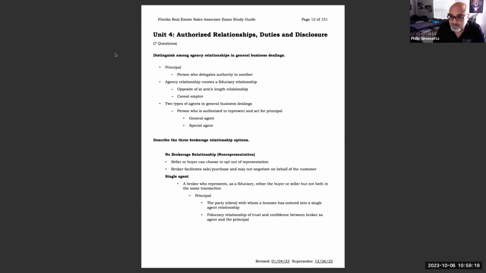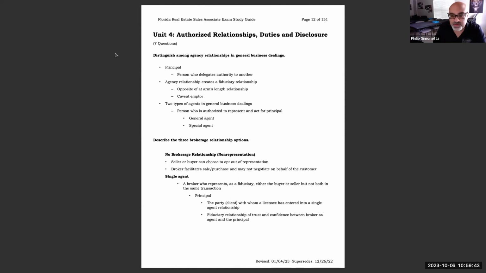Then you have single agency. This is where a broker represents a principal as a fiduciary, either a buyer or seller, but not both in the same transaction. In Florida, that would be dual agency, and it's illegal in Florida. So you can't have those duties owed to the buyer and the seller.